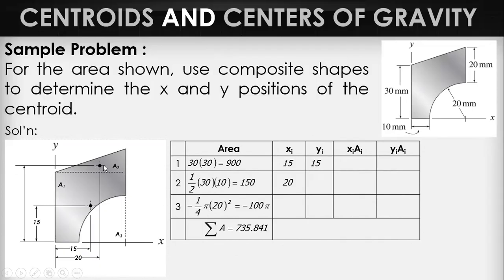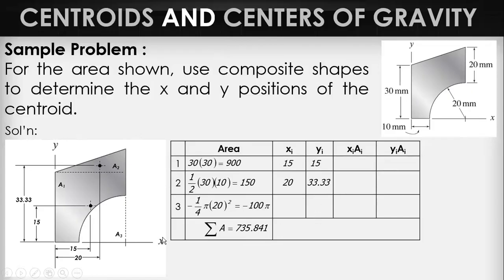Y2 is this one. 1/3 of this, this is 10. 20 plus 20, 40 minus 30, it's 10. So this is 10. 1/3 of 10 plus 30, that's 33.33.